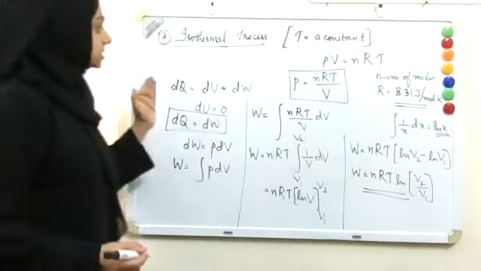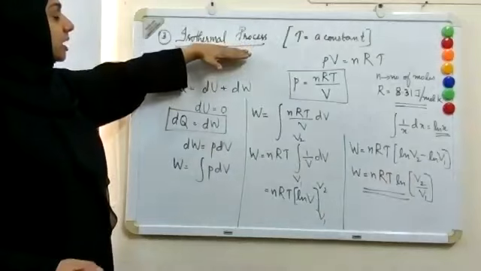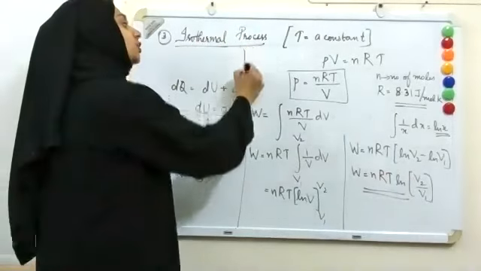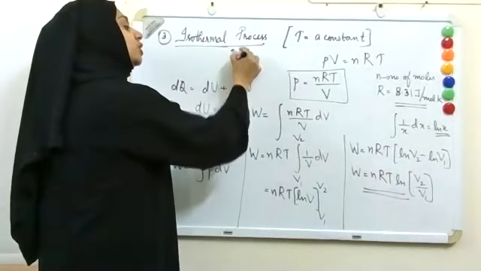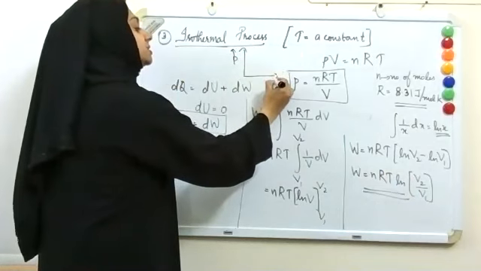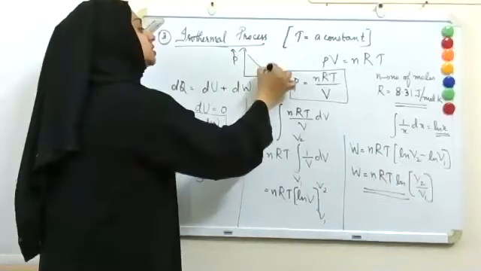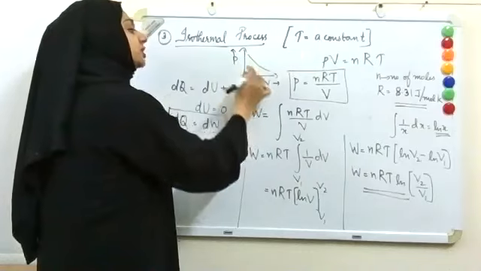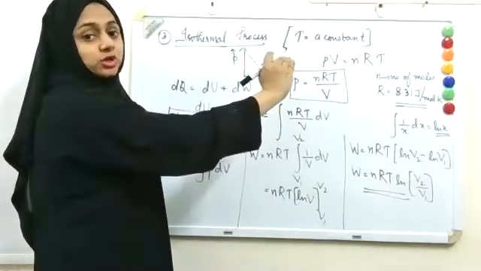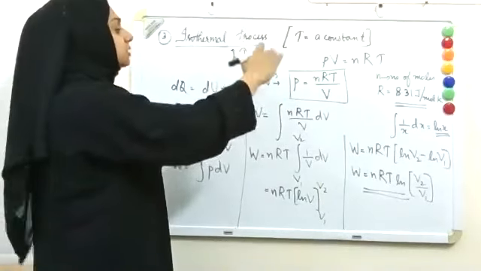So we have discussed in an isothermal process how the indicator diagram will look. It will be a curve showing that as pressure decreases, volume increases. They are inversely related.